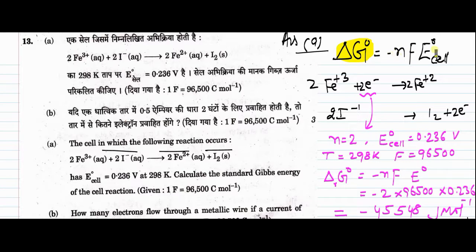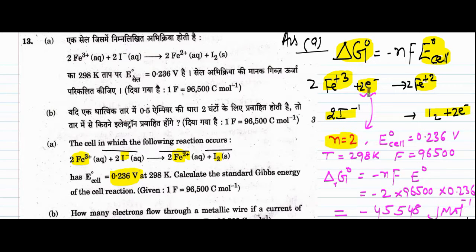E naught cell की वैल्यू अपने को गिवन है 0.236, और इलेक्ट्रॉन ट्रांसफर कितने हो रहे हैं? देखो Fe+3 कन्वर्ट्स Fe+2, इट मीन्स 1 इलेक्ट्रॉन यूज हुआ यहाँ पर. 2I- to I2, 2 इलेक्ट्रॉन रिलीज हुए, बैलेंस कर लिया. बैलेंस करने के बाद 2 इलेक्ट्रॉन, तो n की वैल्यू 2 मिली अपने को.